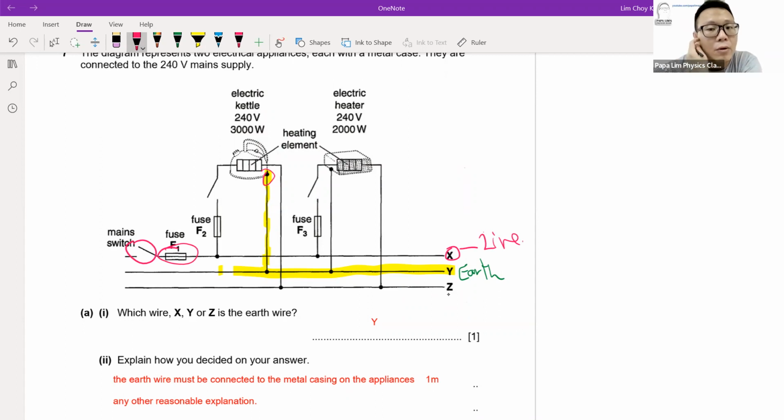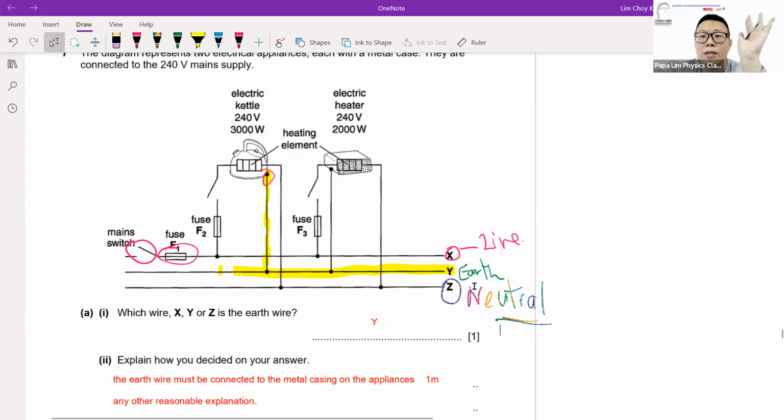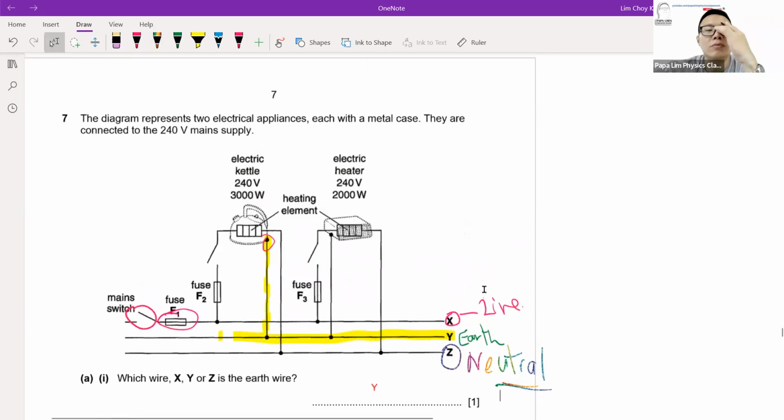So if I know X is live, Y is earth, I will definitely know that Z is what we call the neutral cable. So this is how I read the diagram and get my answers before I even read the question. Remember to read the pictures, read the graph first. It has a certain meaning.